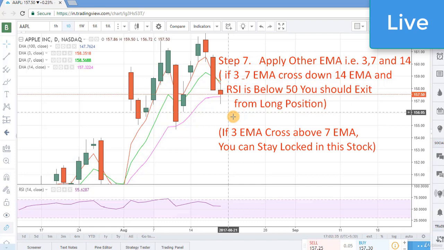If you have any positions made in the stock earlier, just exit them at that time. That is, if both of these moving averages are down, the slowest one as well, and the RSI is down 50.